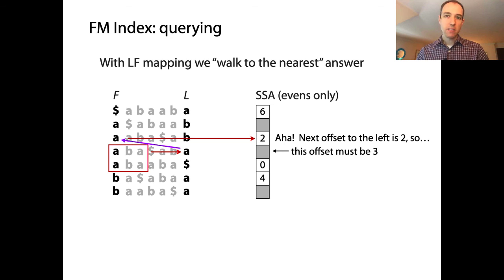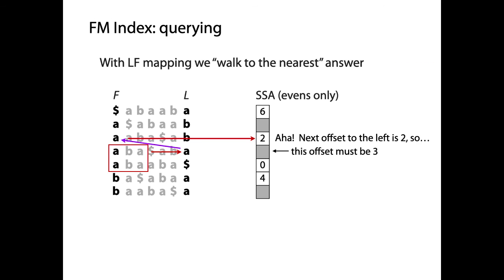And as long as my sample is regularly patterned, right, it's at every so many offsets with respect to the original text. In this example, it's every other offset because I kept the even offsets. But it could be every 8th offset or every 64th offset or every billionth offset. Let's say it's every 16th offset.